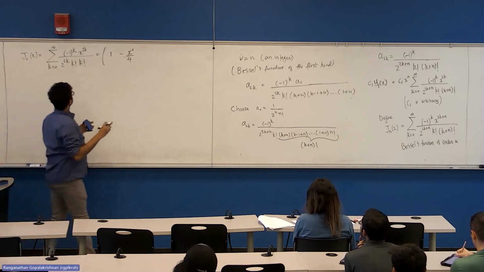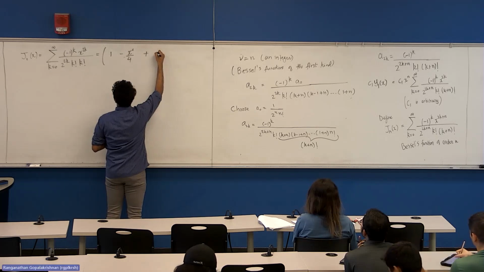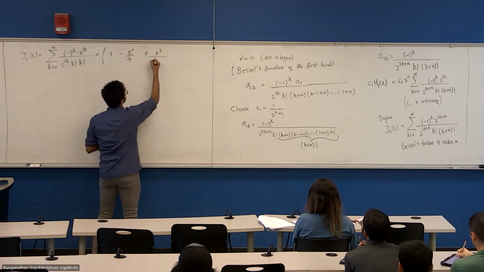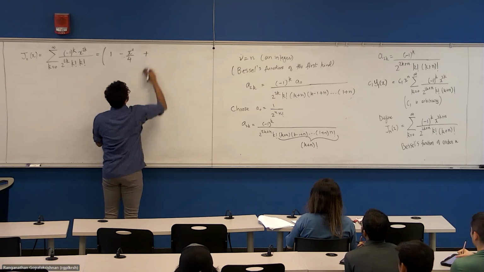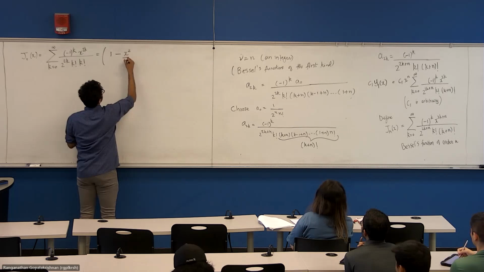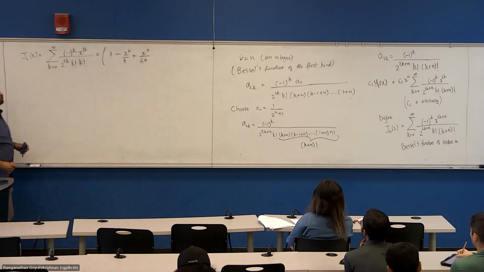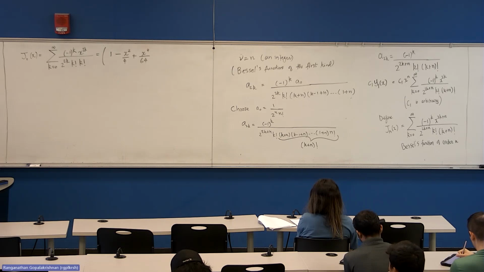Then the third term is k equals 2. That will be plus x to the 4. 2 power 4 is what? 16. 16 times 2 times 2, 64. You with me? You're okay? Right?